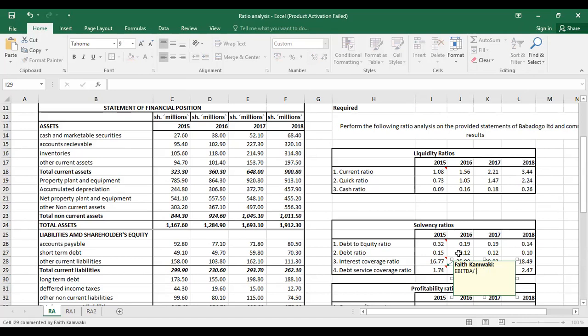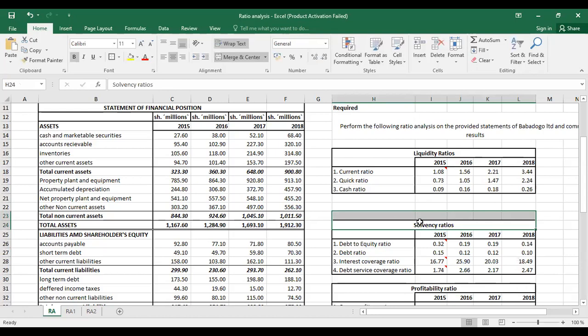The debt service I told you is the principal plus interest expense. I'll change here the principal to be loan amount so that it's easily understood.